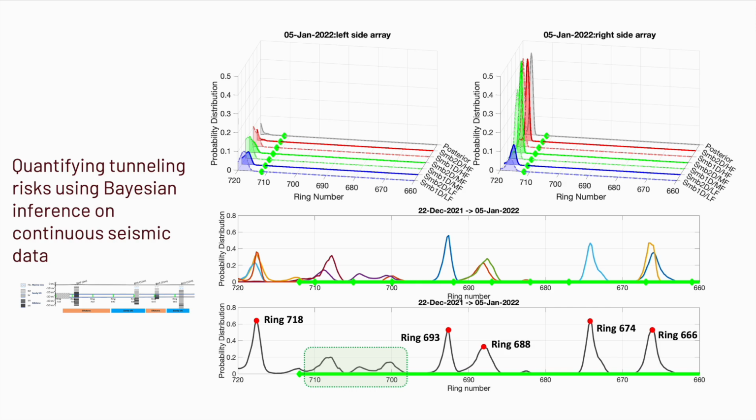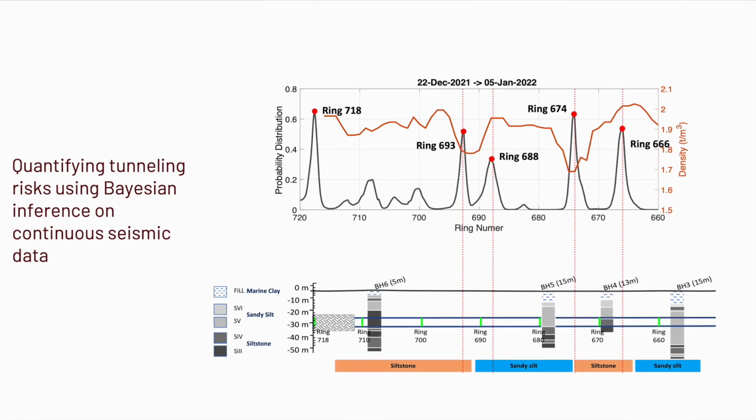To validate the Bayesian inference results, we compare them with cuttings density and borehole information. As seen in the top figure, there is good consistency between the 4 peaks on the right and the locations where density suddenly changes. They also align well with borehole information.